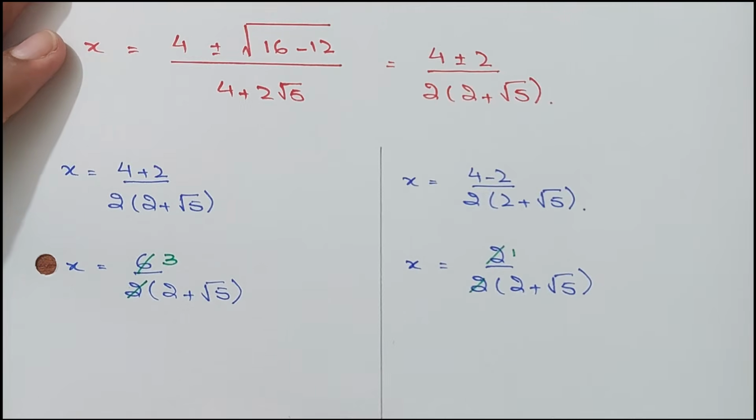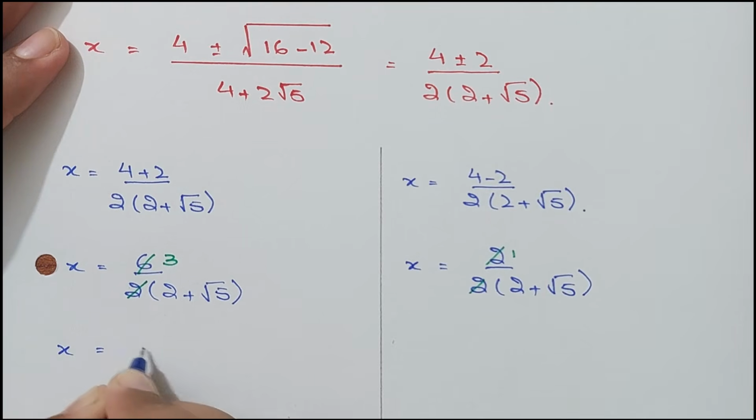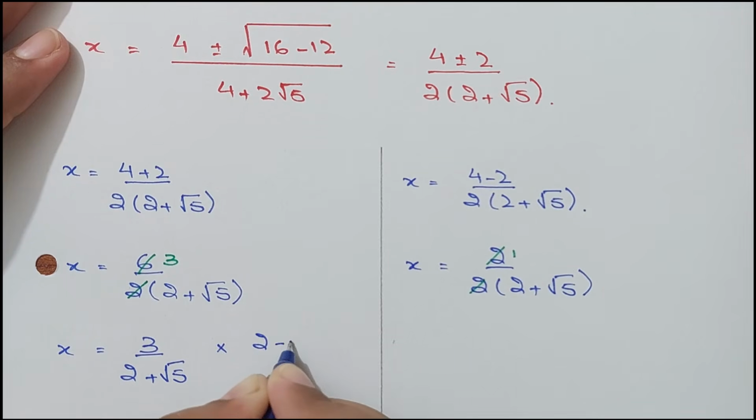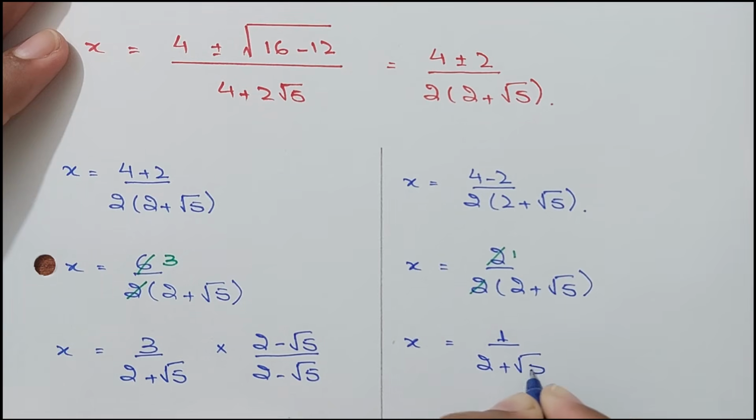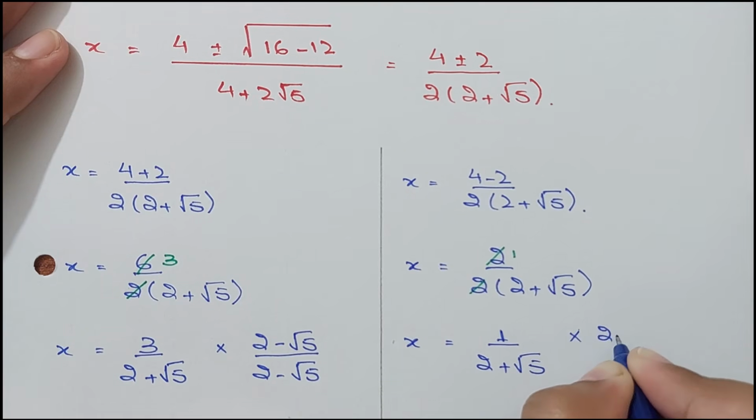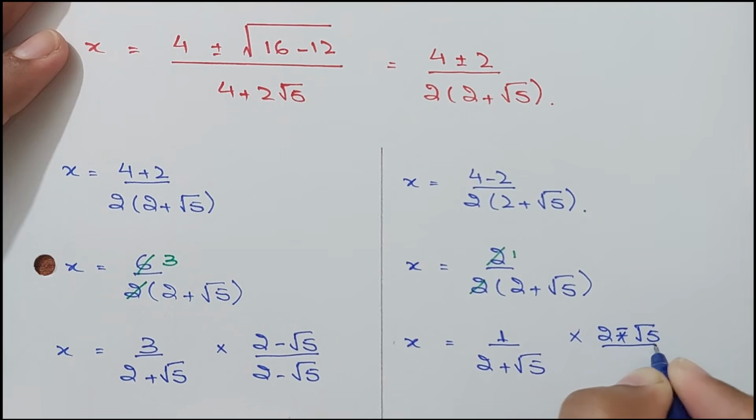Now we have x equals 3 over 2 plus square root of 5. Rationalize it: multiply and divide by 2 minus square root of 5, the reciprocal of the denominator. And x equals 1 over 2 plus square root of 5; again rationalizing, multiplying and dividing by 2 minus square root of 5.